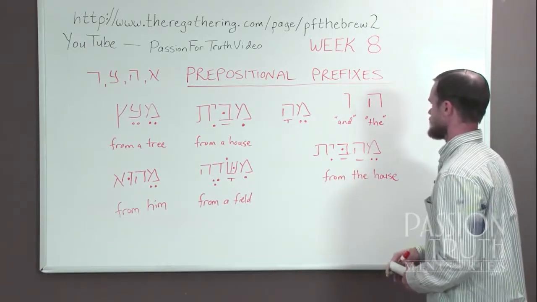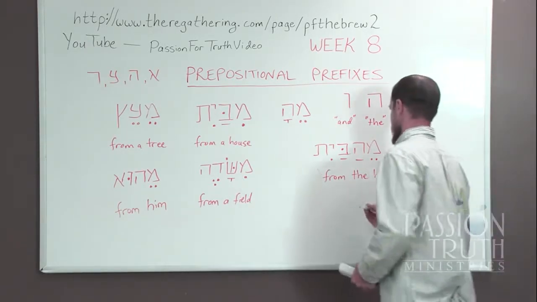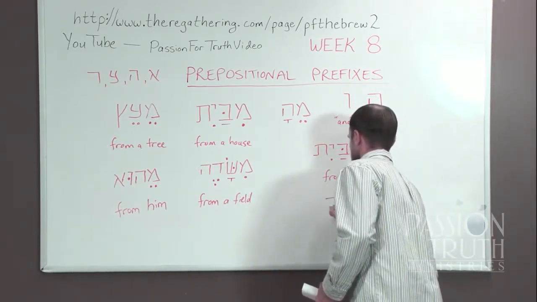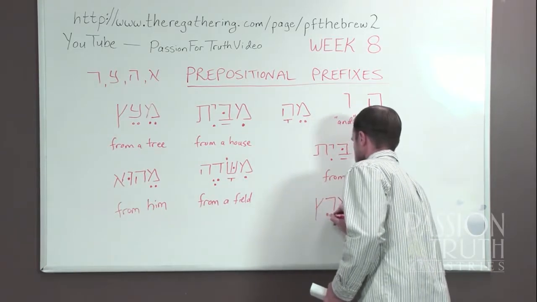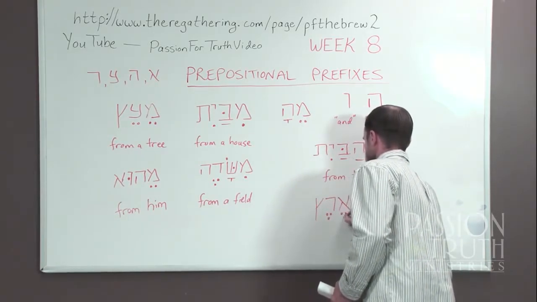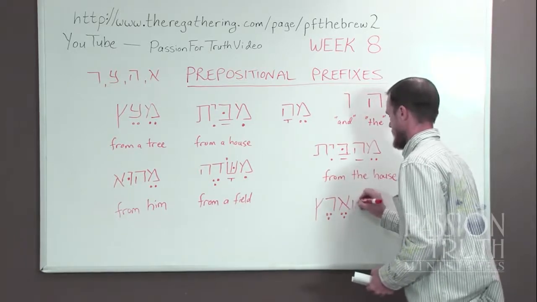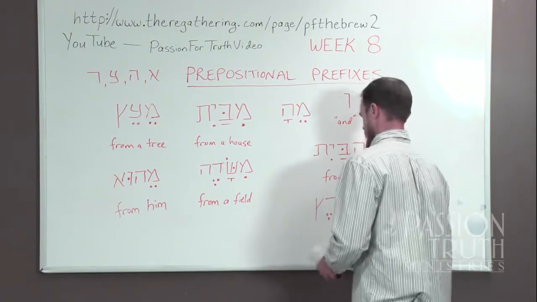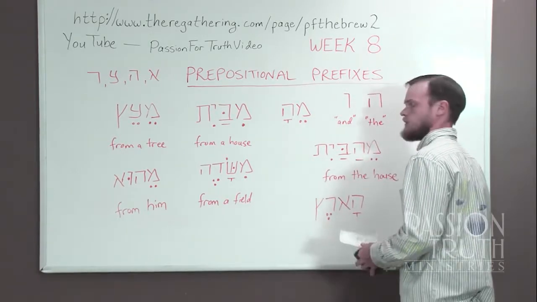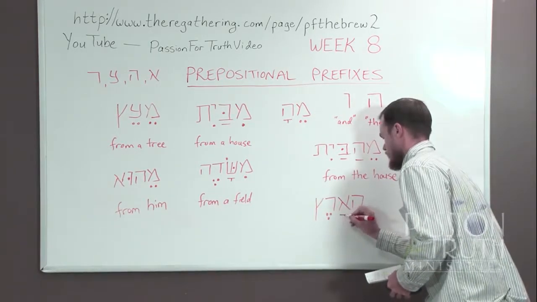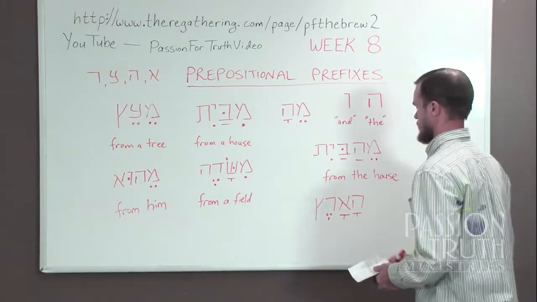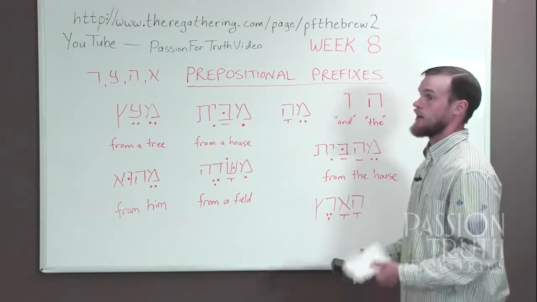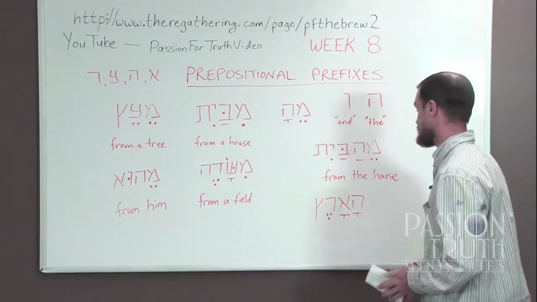Or eretz, as you mentioned, eretz is land. The land is ha-eretz. It's actually ha-aretz, but that's just because eretz is a funny word. There are certain words that will actually change their vowels when the definite article is added to them, and eretz is one of them. So that's why you'll hear ha-aretz instead of ha-eretz, which you would expect to hear.